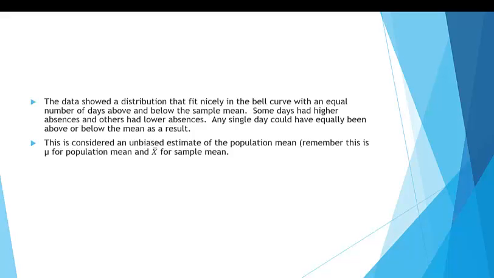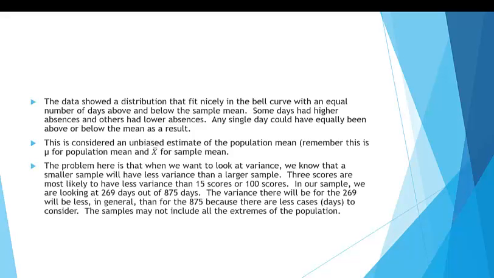And so therefore, we're going to say that our sample mean X bar is equal to our population mean mu. The problem here, though, is that we know that it cannot be 100% accurate unless we looked at the whole population, specifically when we look at variance.